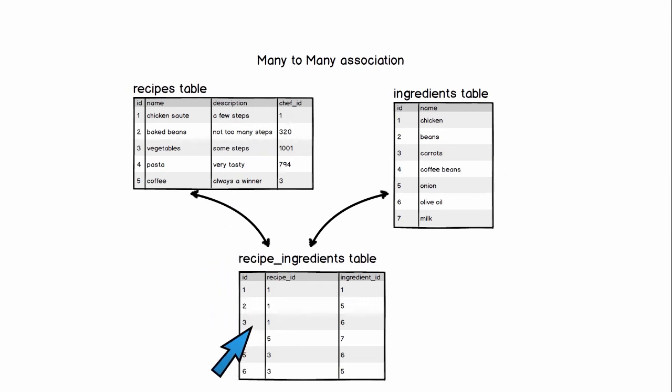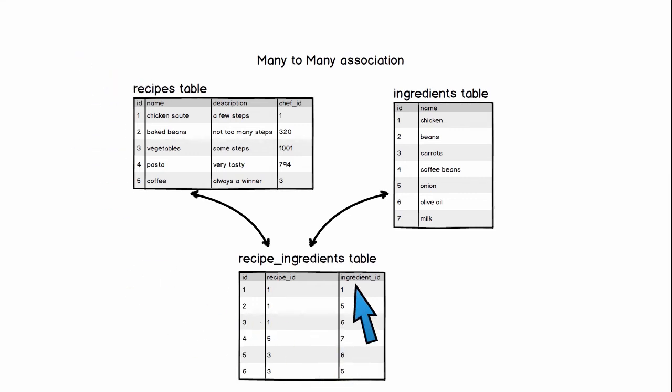Let's look at the third one. 3, okay, same recipe ID, ingredient ID 6, olive oil. So there you go. You have one recipe associated with 3 different ingredients, and it's stored, and you're able to reference this by using this recipe ingredients table. Similarly, you have ingredient ID 6, which is olive oil, as we just discussed with the recipe ID 1, chicken sauté.